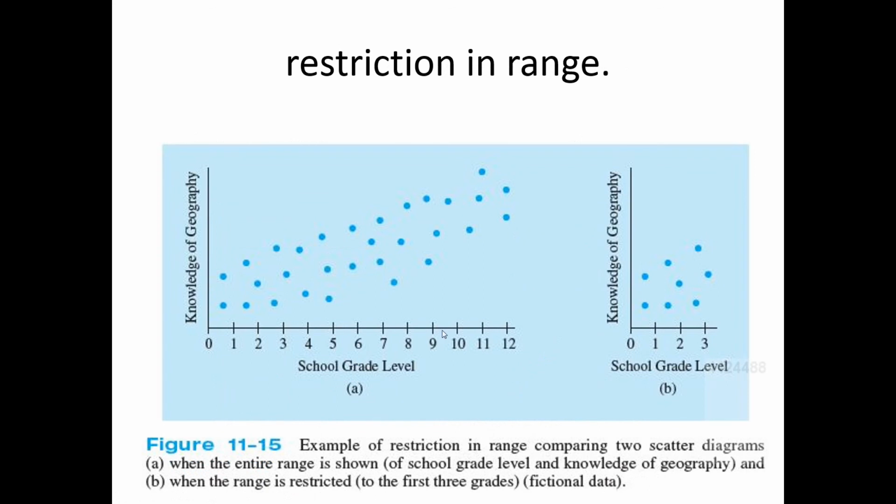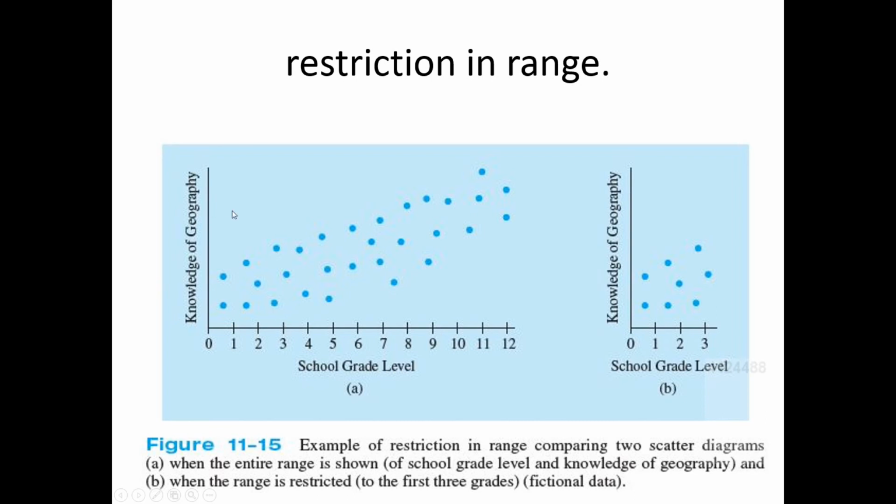One other thing to keep in mind when working with correlation is that sometimes things can be correlated, but we may not detect it. So for example, here is some functional data with school grade level and knowledge of geography. Students who are older have higher knowledge of geography.